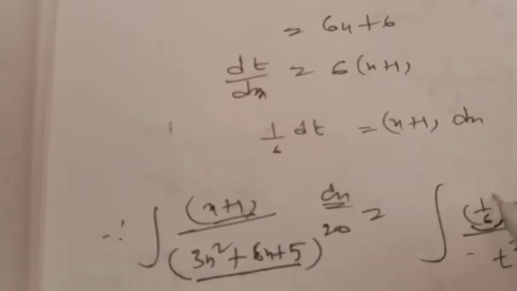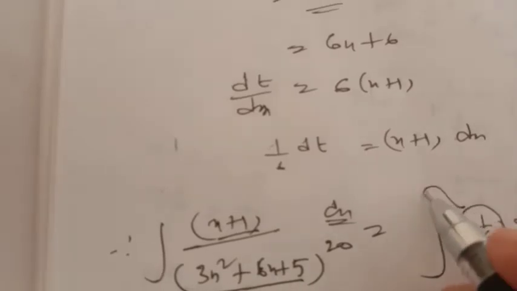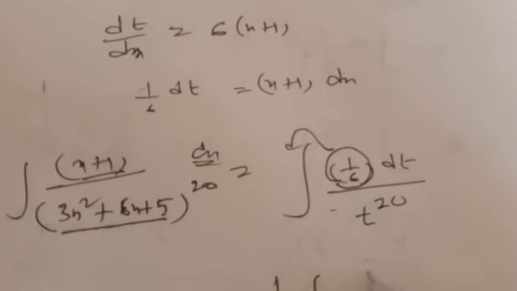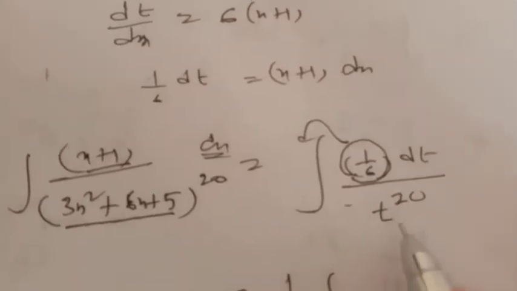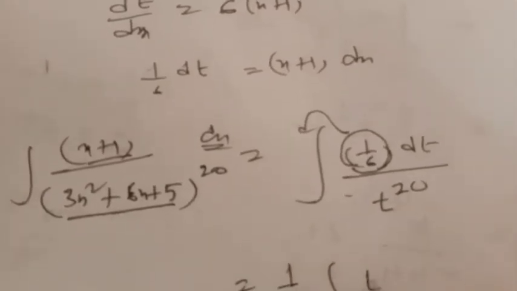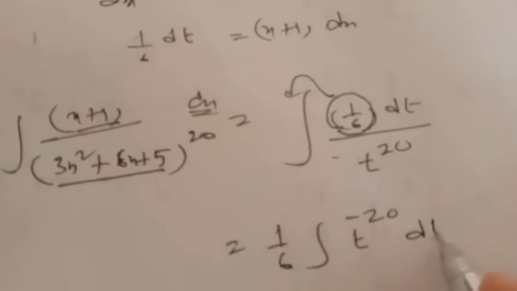Here 1 by 6 is the constant term, take in front of the integration, that is 1 by 6 into integral, here 1 by t power 20 can be written as t power minus 20 into dt.